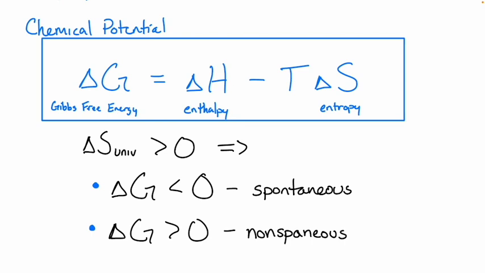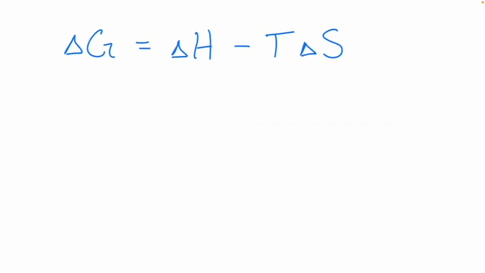And so we can see that there's these two components for whether or not a reaction occurs, the enthalpy component and the entropy component. All right, so we're going to look at this equation here and sort of place some what ifs with values. Like, what if the sign of delta H is negative and delta S is positive kind of deal. All right, so we're going to make a little table here.